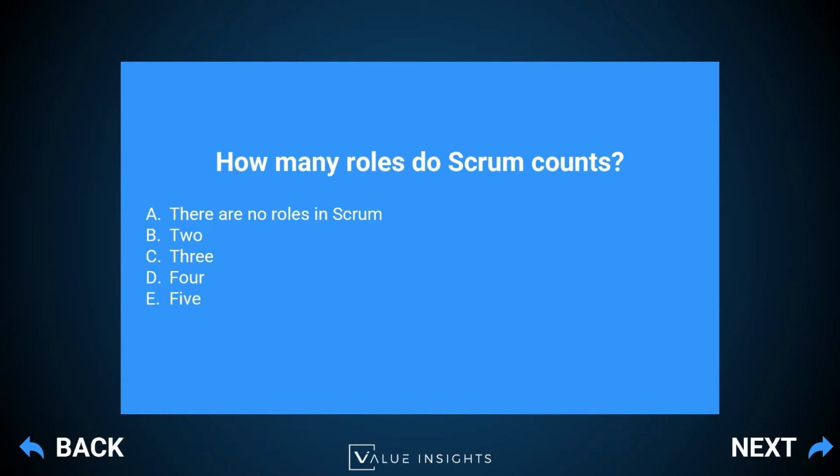The term role has actually been replaced by accountability. This is a trick which you probably will not get in the exam, but just remember that Scrum now only recognizes 3 accountabilities, and those accountabilities are product owner, Scrum Master, and developer. So this one was a tricky question.